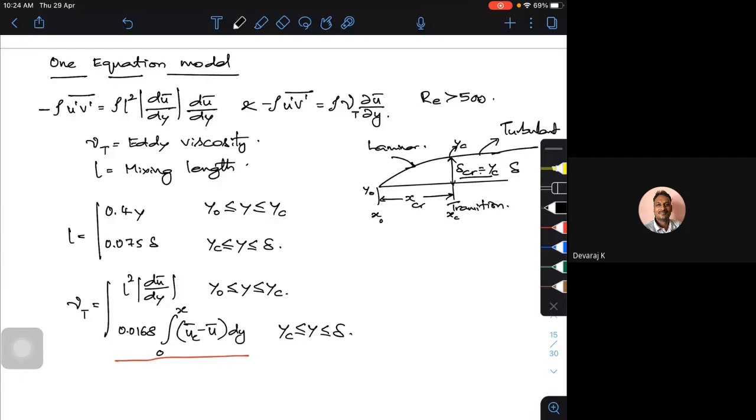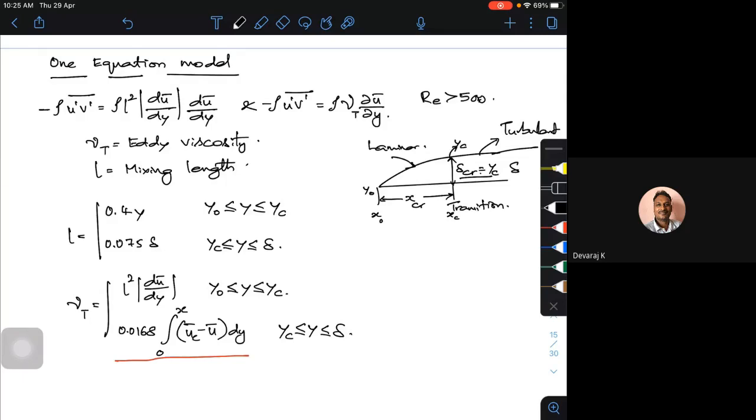So we have looked into the commonly used turbulence models: the one equation model, the K epsilon model, and the K omega model. Now we'll look into one law, based on which, you all might know, something called y plus.